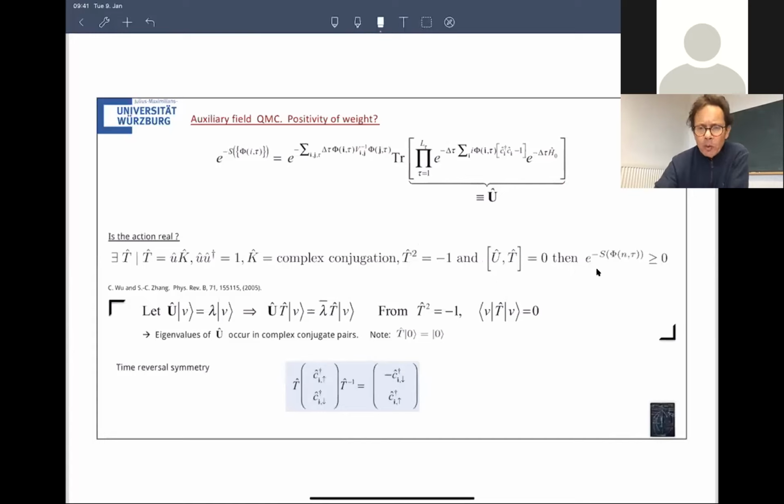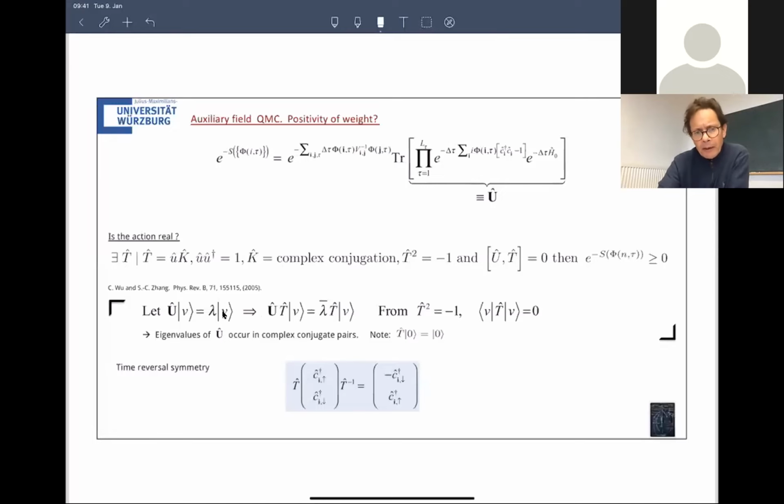Then we can show that the weight is always positive, positive semi-definite. How do we do that? Well, in principle, it's pretty easy. There are some details which are very important. Let me assume I have an eigenvector nu of U with eigenvalue lambda, right?